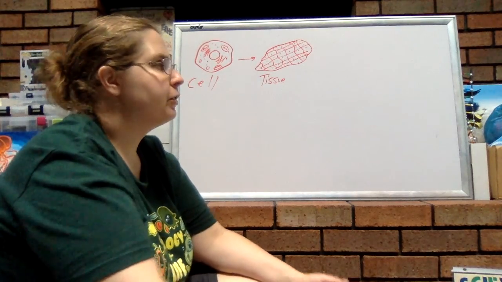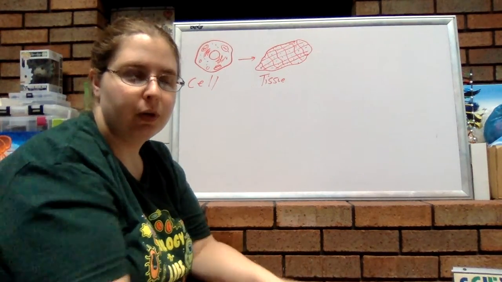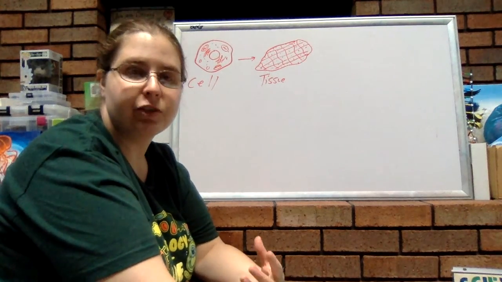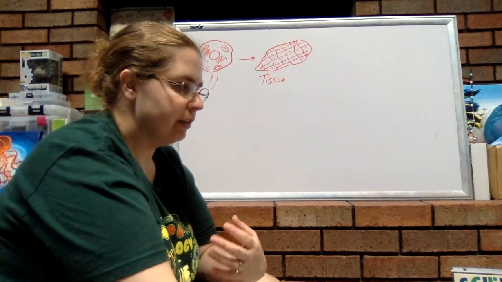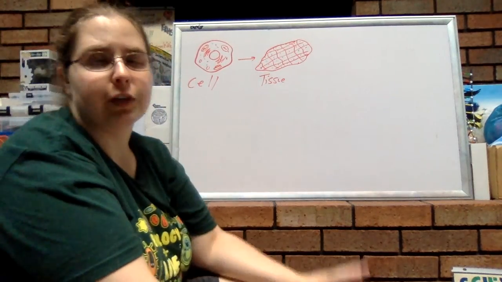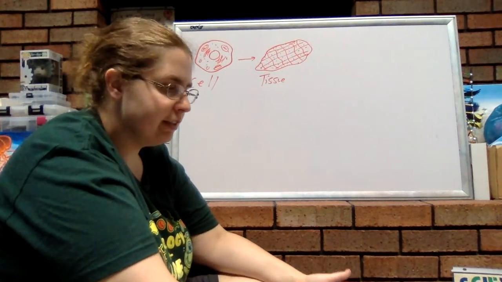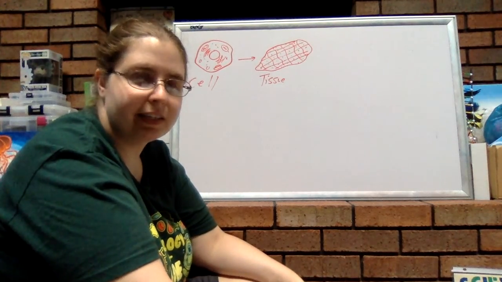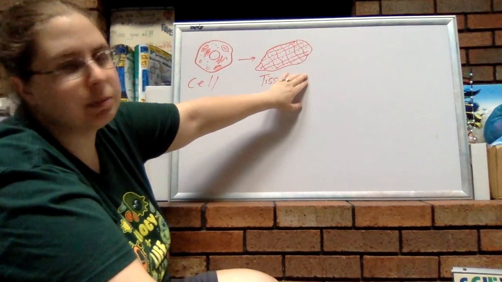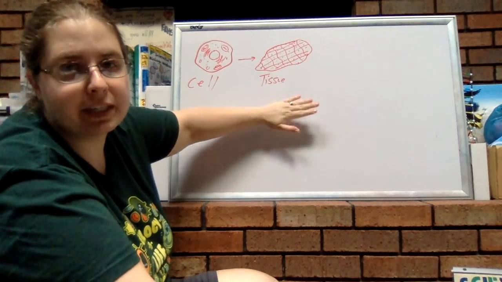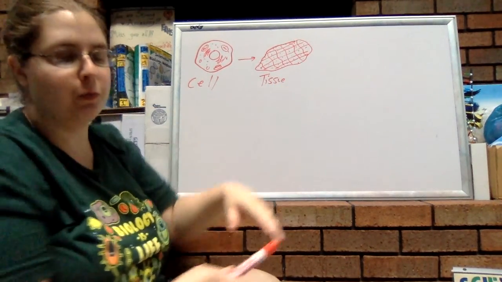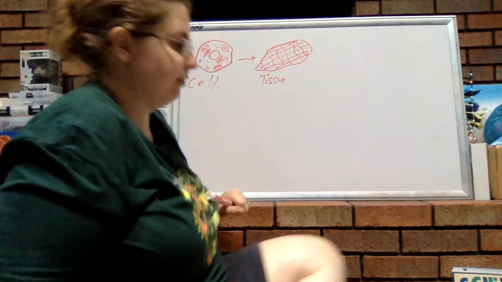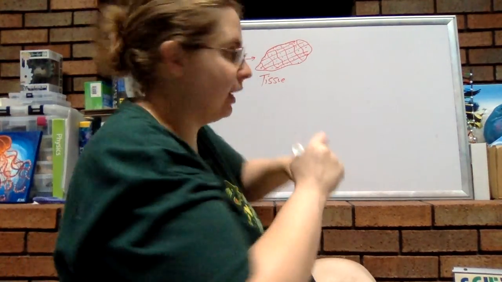And they come together to form a larger tissue, which is a bunch of cells working together for a common job, whether that job is for all of them to secrete digestive fluids or digestive enzymes, or to protect the body. Whatever it is, they are all coming together for a particular reason, to make a tissue and to do a particular job.